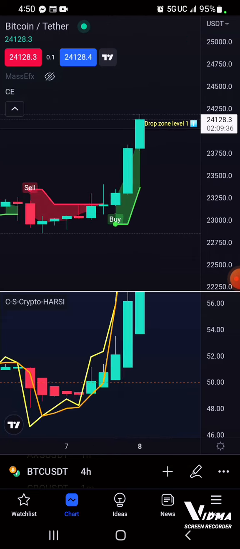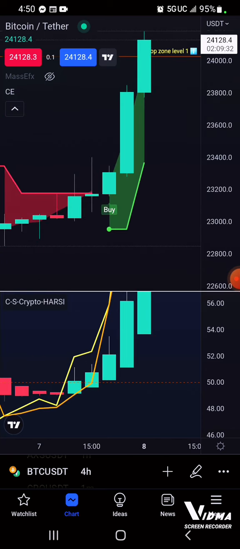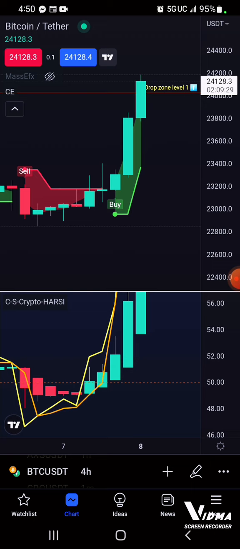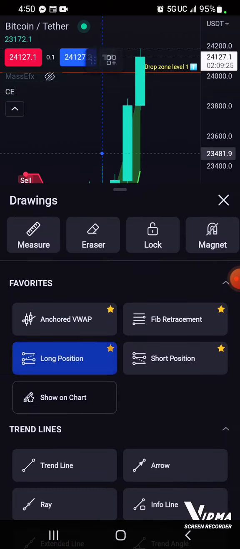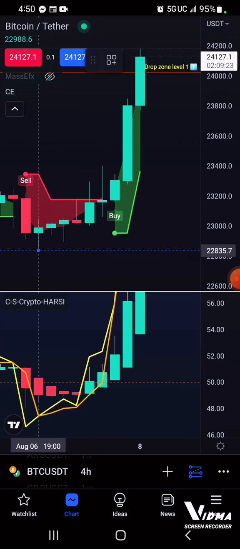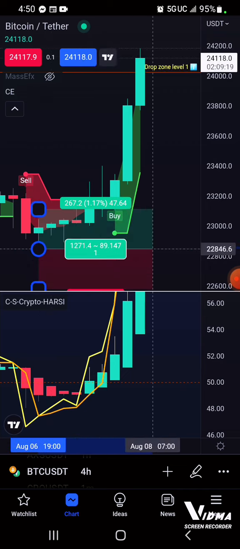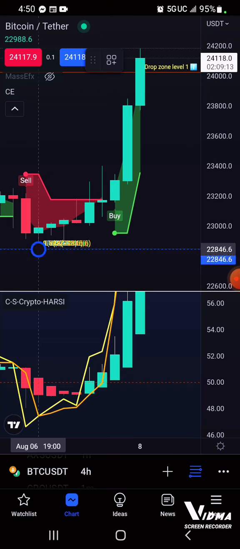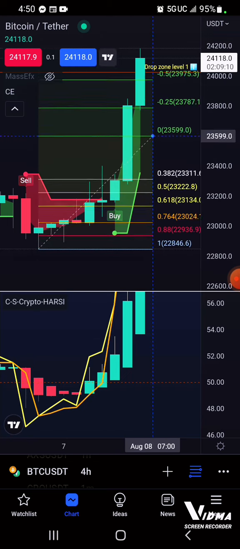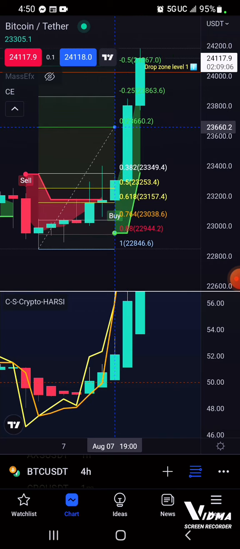Now, a quick little move that I would do on this candle is I would look for my low, go into a long position. I would look for my Fibonacci tool, set it on my low, and go to the top of the wick of this candle.